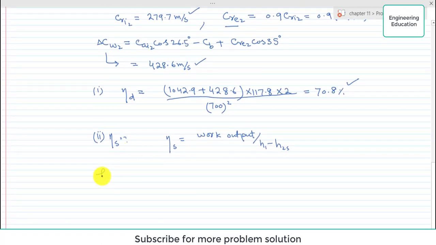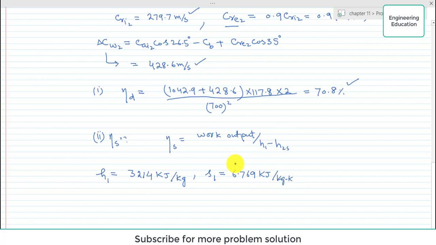So at the given condition, the value of H1 is 3214 kilojoule per kilogram, and the value of specific entropy at these conditions is 6.769 kilojoule per kilogram per Kelvin.